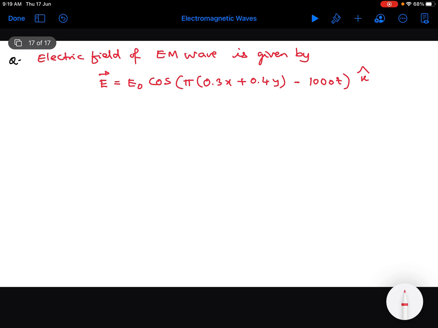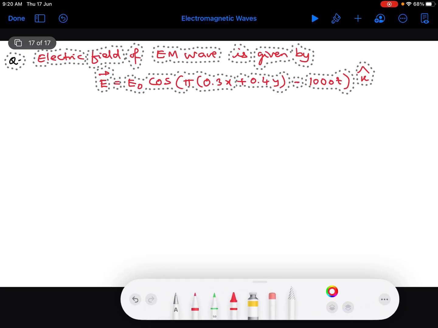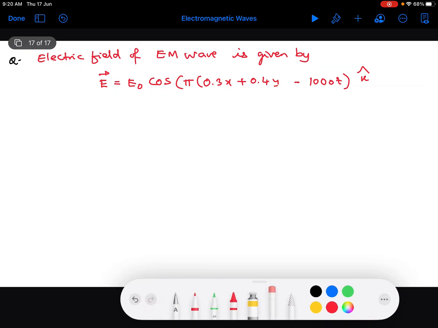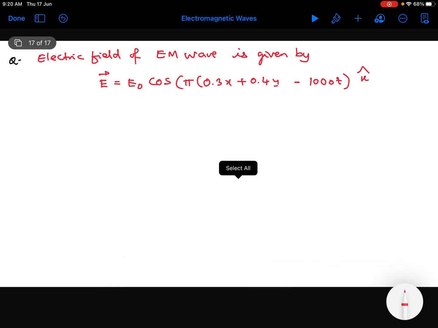So what's the question? The question is: the associated magnetic field is dash.